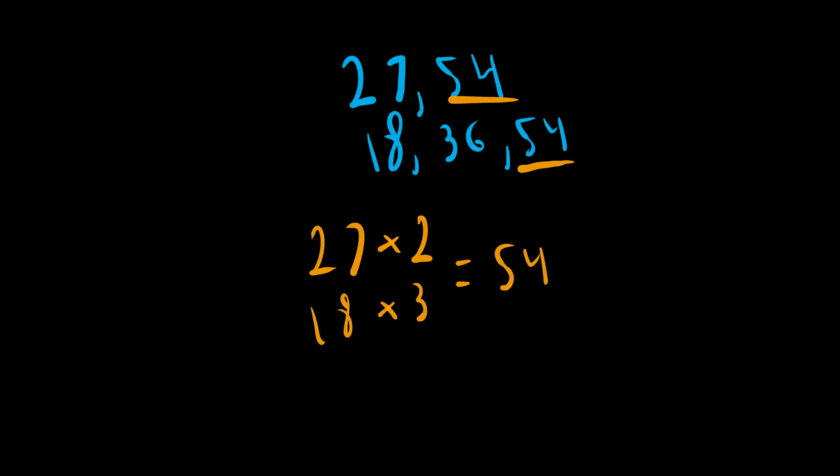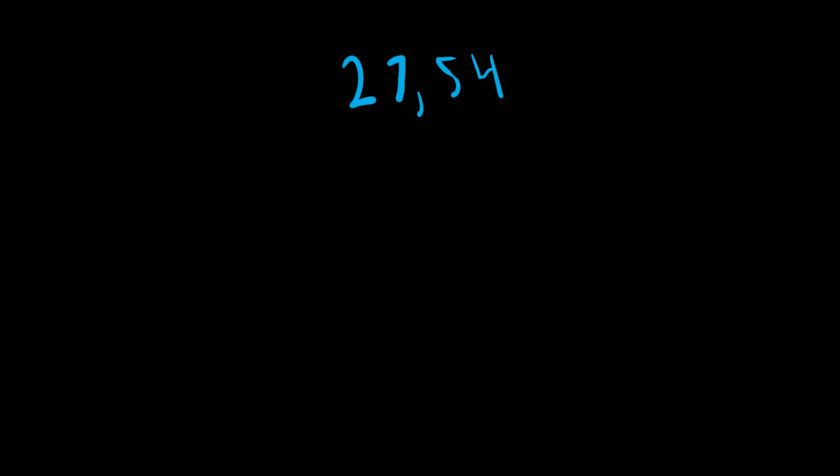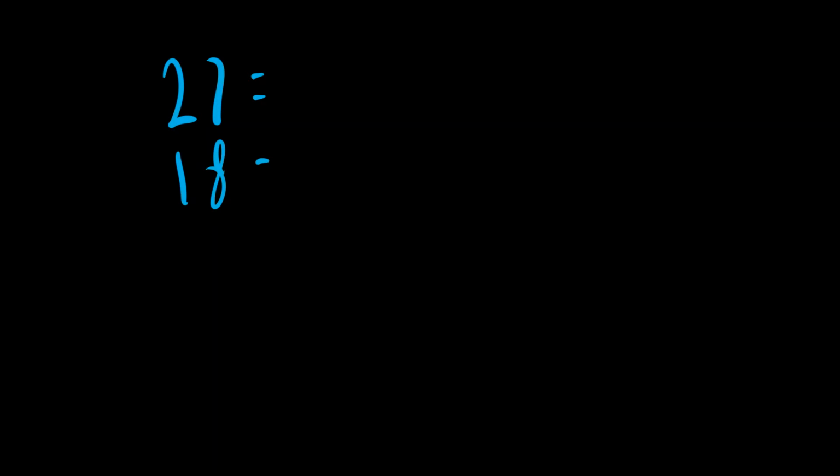Instead of drawing out tables of the multiples of our numbers, which may take a long time, drawing a long line of numbers, what we want to do is take our prime components of the numbers that we just compared.